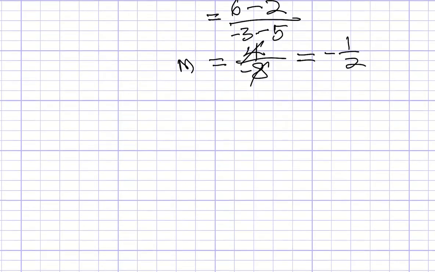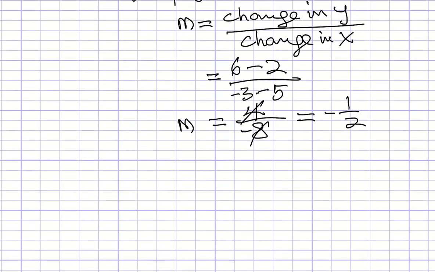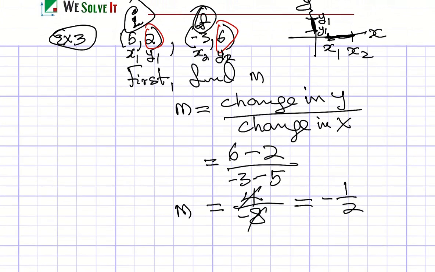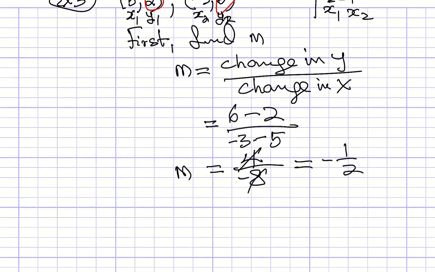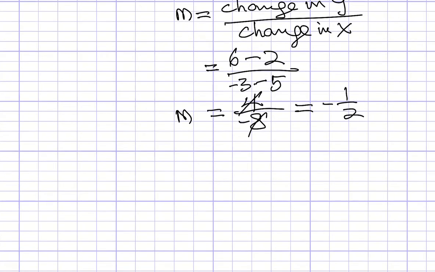Once you get the slope, then you use any point. You can use the initial point or the final point. It doesn't matter. Choose one you like. Okay, so let me write it down. Then use m equals negative half.